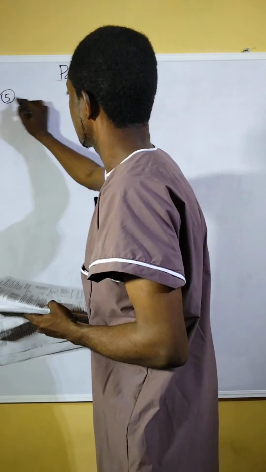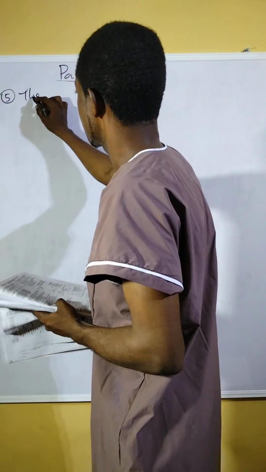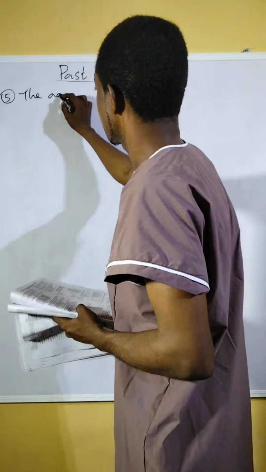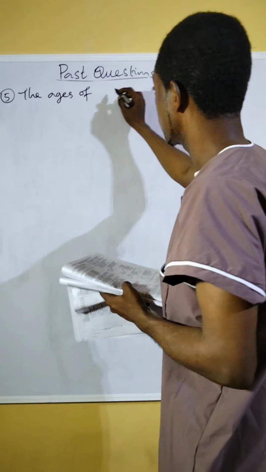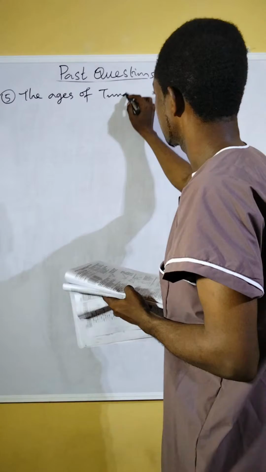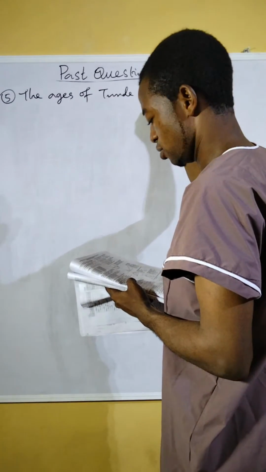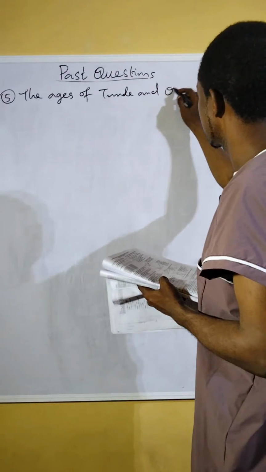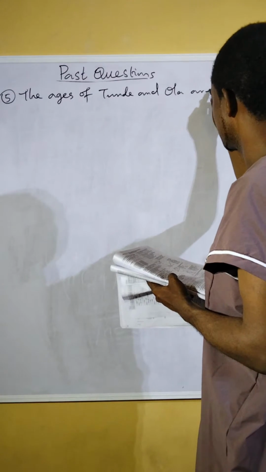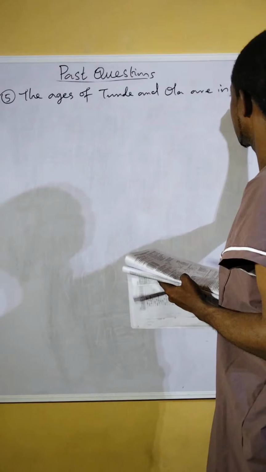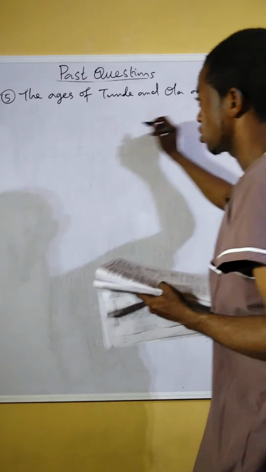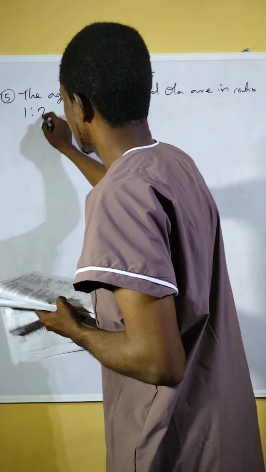Question 5. The ages of Tunde and Ola are in ratio 1:2.